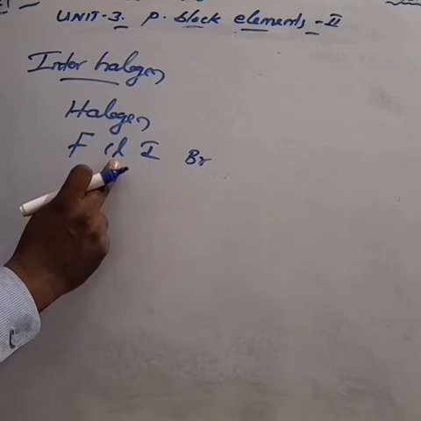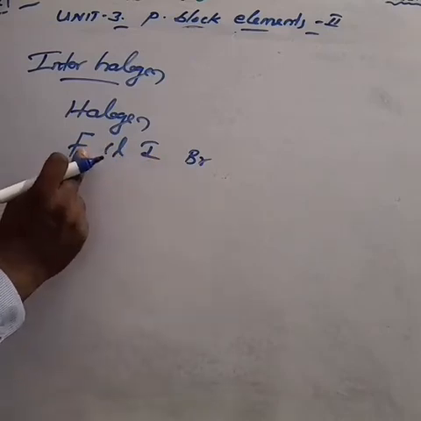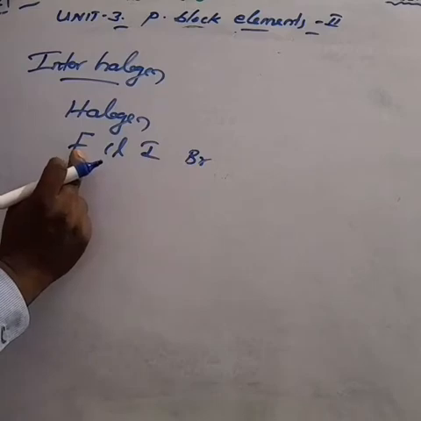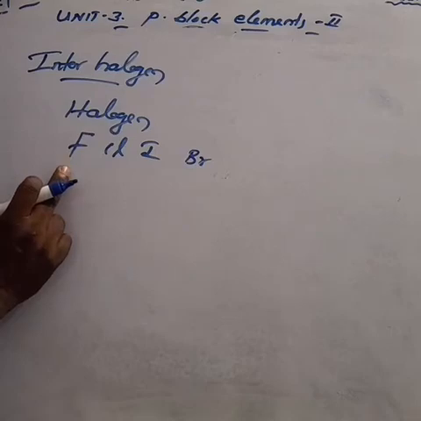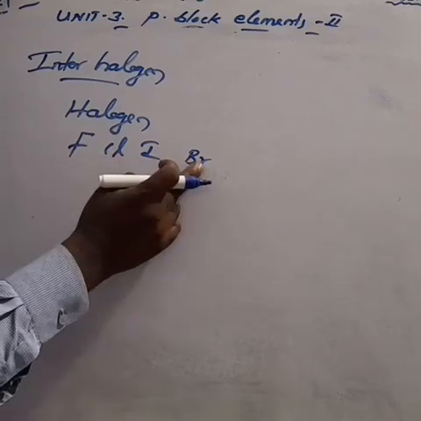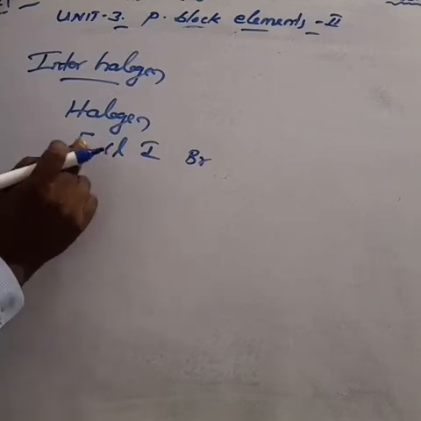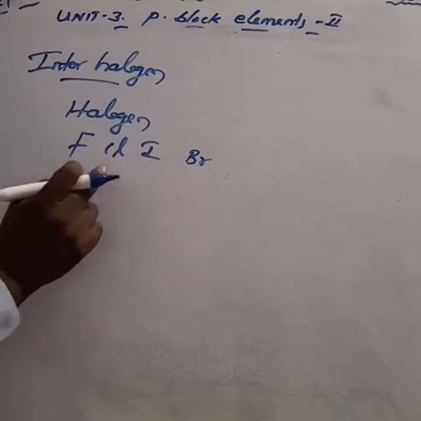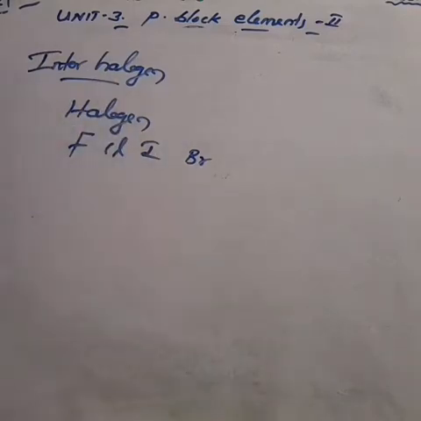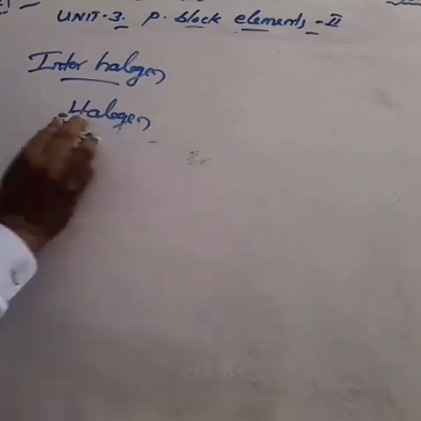Chlorine combines with fluorine, bromine combines with fluorine, iodine combines with fluorine, maybe bromine with chlorine, iodine with chlorine, iodine with bromine. These are all cases where one halogen combines with another halogen. Am I right? We get a series of compounds, and these we call interhalogen compounds.